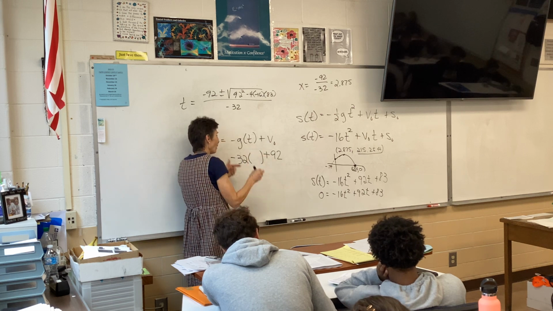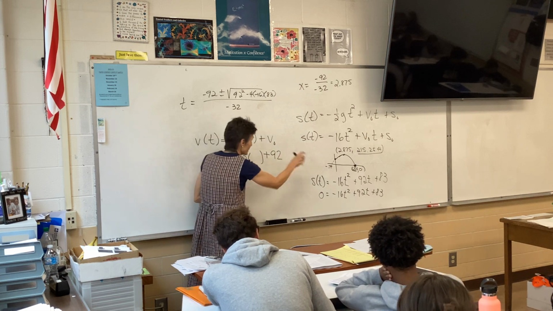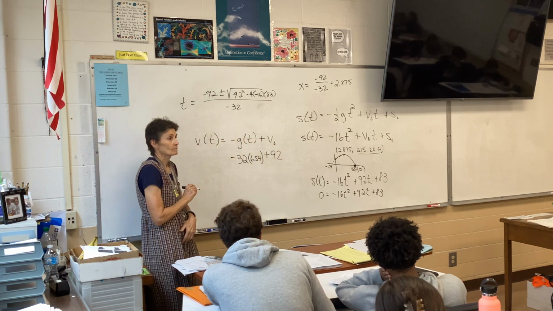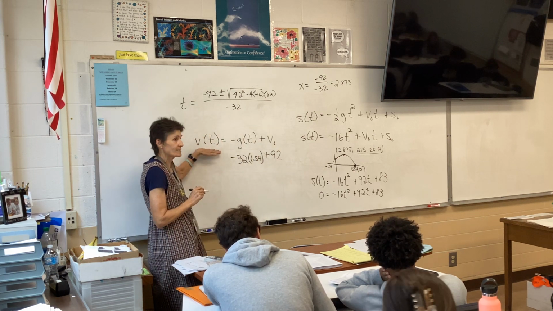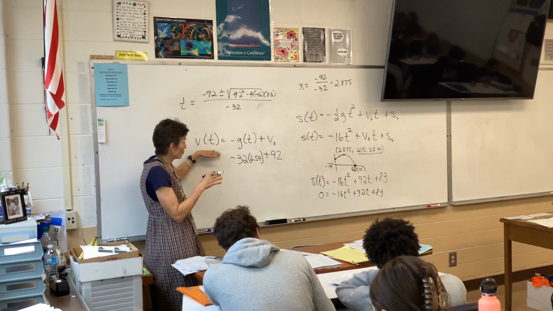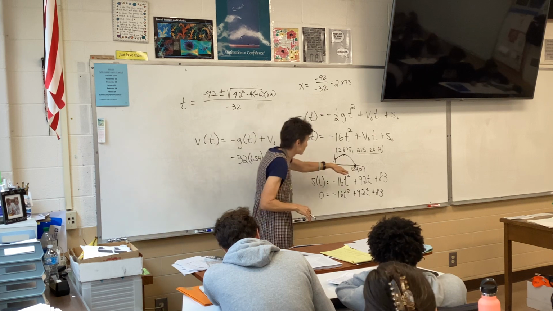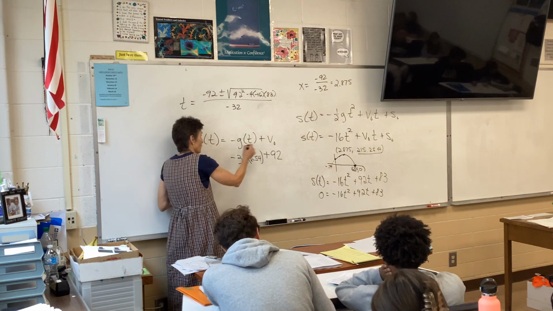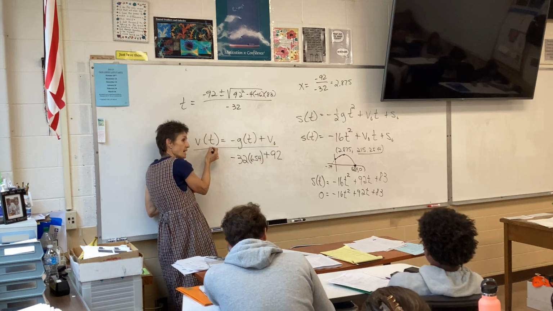And when the ball hits the ground, the time is 6.54. This says find the velocity when the ball hits the ground. So we already figured out that the ball hits the ground at 6.54. This little formula gives us the velocity at time t.